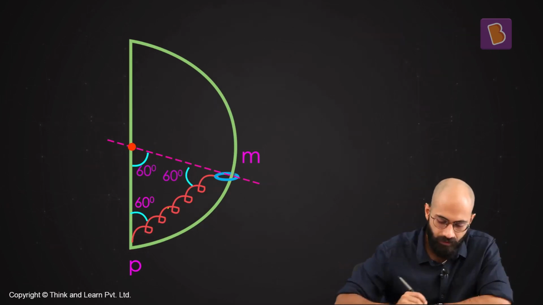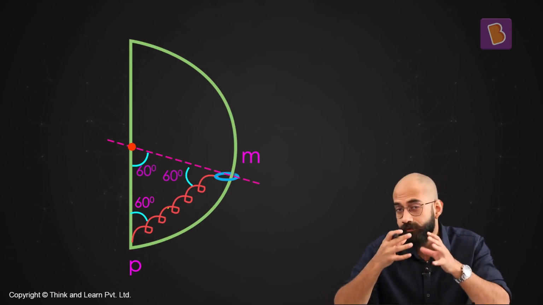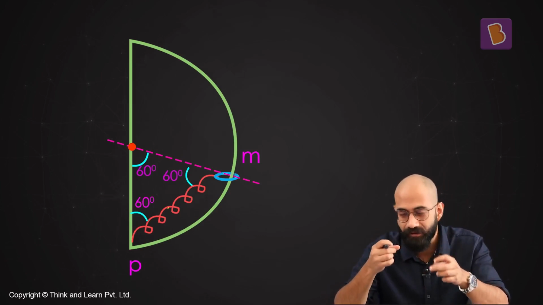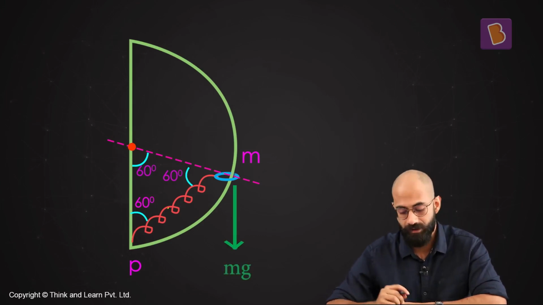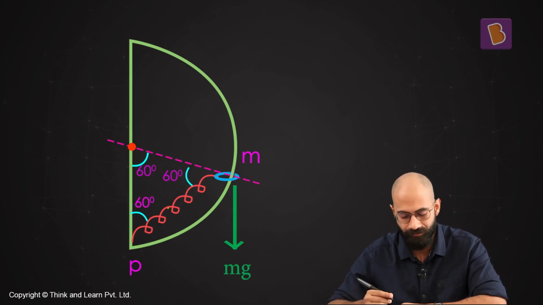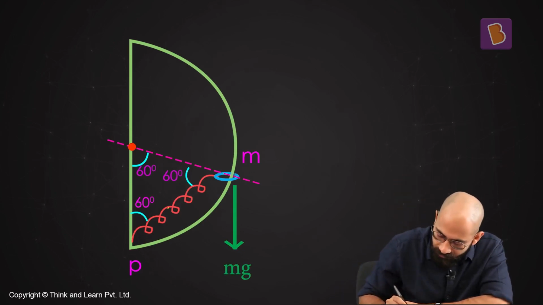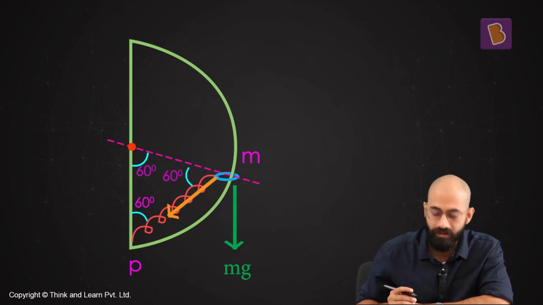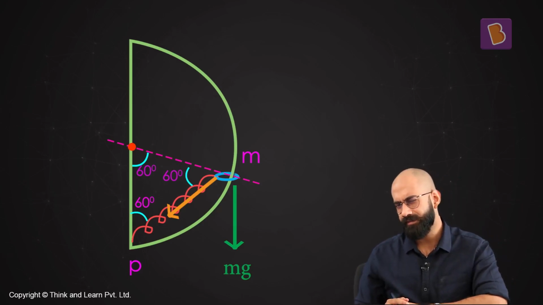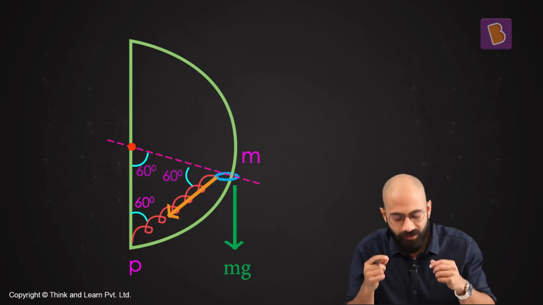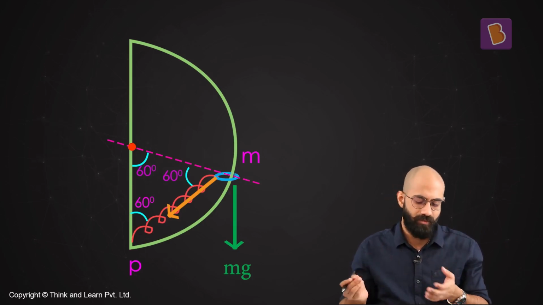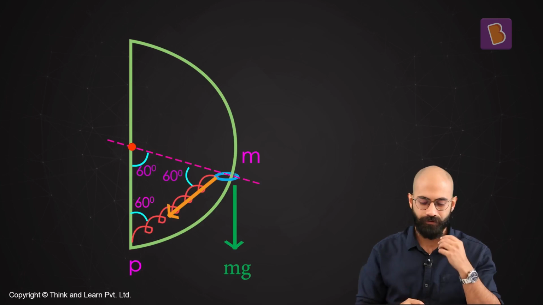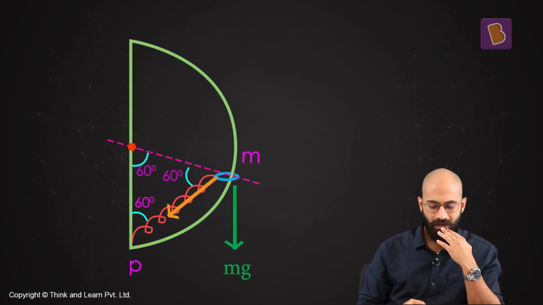Obviously, I'm talking about the forces that are acting on the ring. So obviously there's gravity, which is acting downward, because this is in the vertical plane, so it'll be mg. There is the spring force, which is acting in this direction, pulling it in this direction. What else? There's another force, right? There's a force from the frame itself. And in what direction will that be? Now let's say that's the normal force. Which direction will that be?